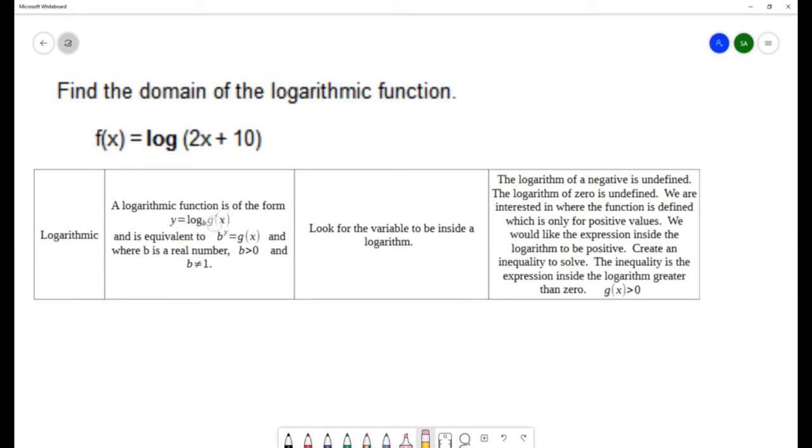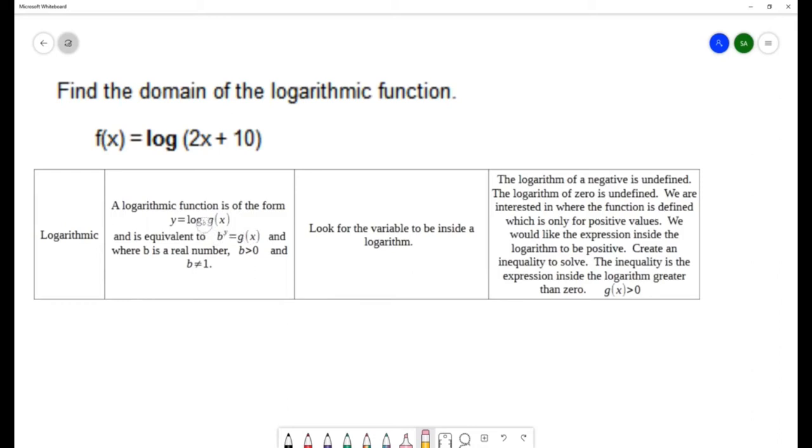So this g of x can be any expression, and it is equivalent to this exponential expression. Logs and exponents are inverse operations of each other, so there's an equivalence between these two, and this is that equivalence.